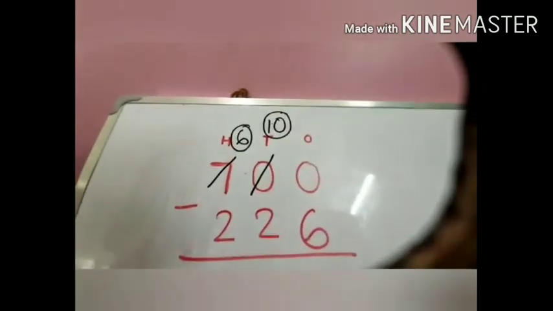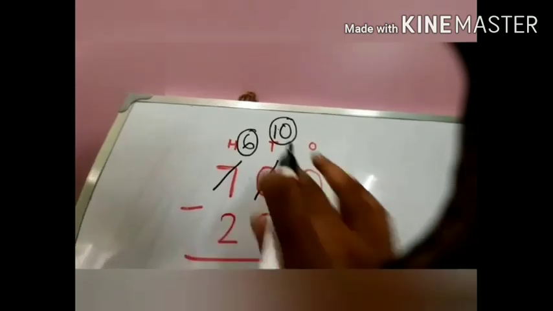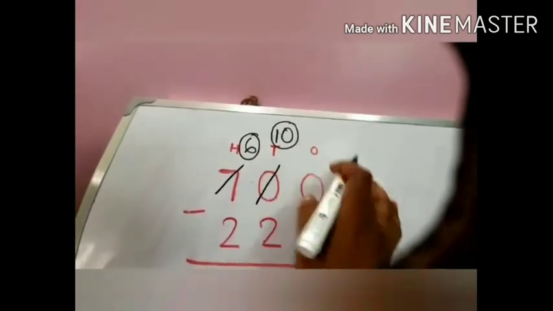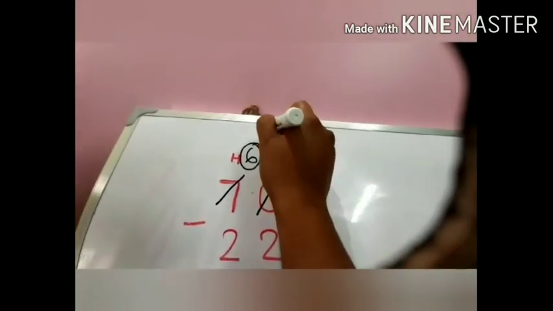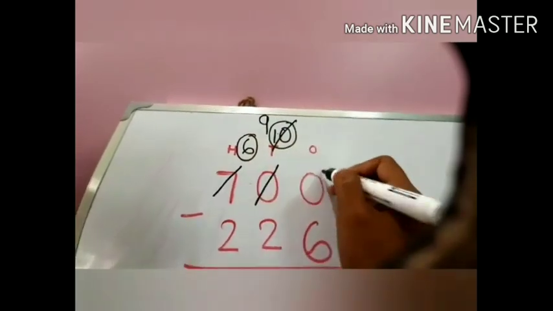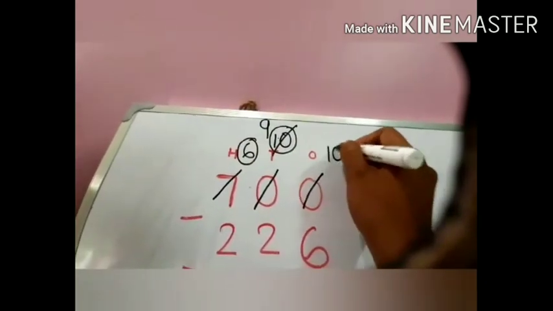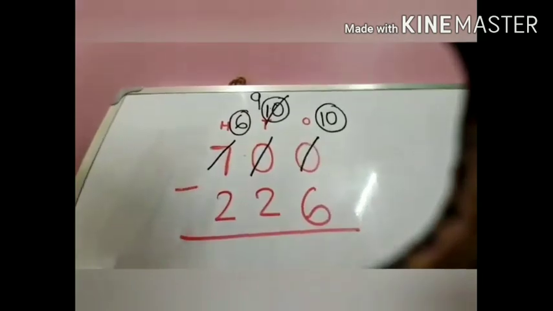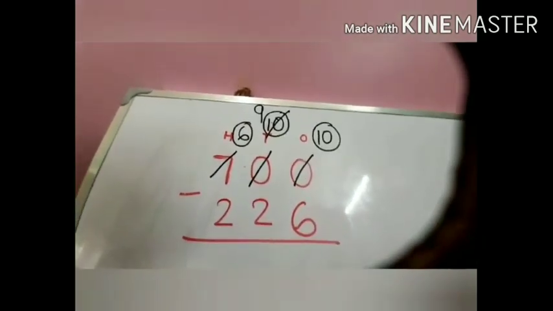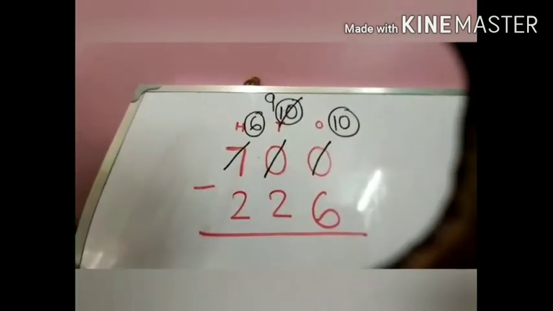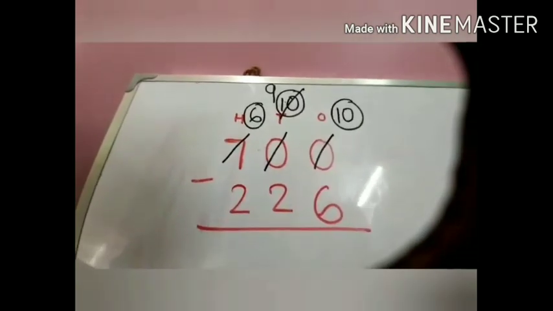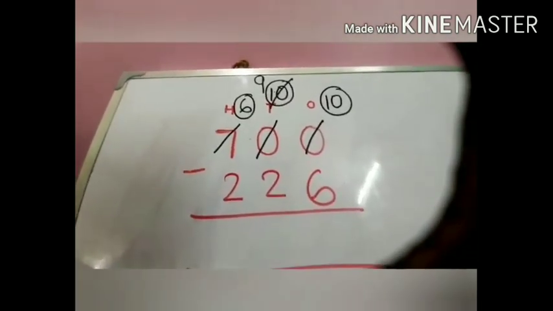Now see, 10 tens. Now from this 10 I will borrow 1 ten to this place. So this will become 9 and this will become 10. Now see, all the upper digits are larger than the lower digits. So now we can easily subtract.